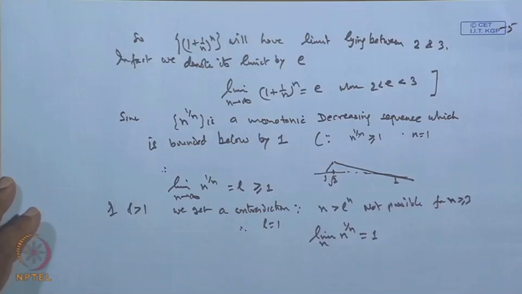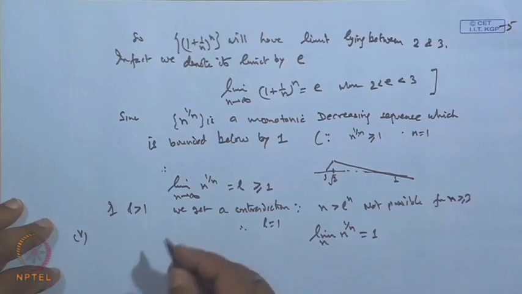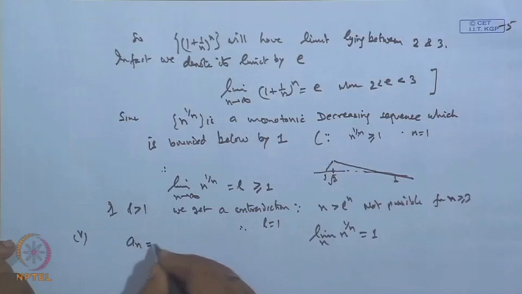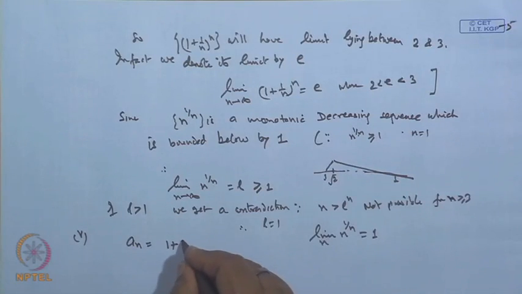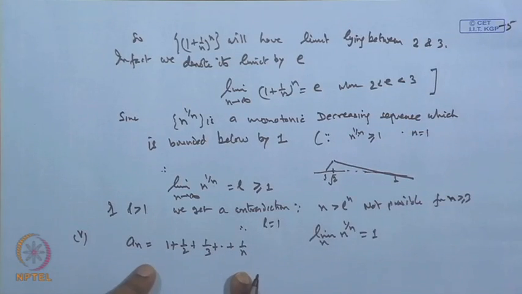Then another limit. Suppose we have a sequence in the form of a series, 1 plus 1 by 2, 1 by 3, 1 by n. First n terms of this series is denoted by A n. Now, limit of this A n, when you take the limit of this n, we say it will not exist.